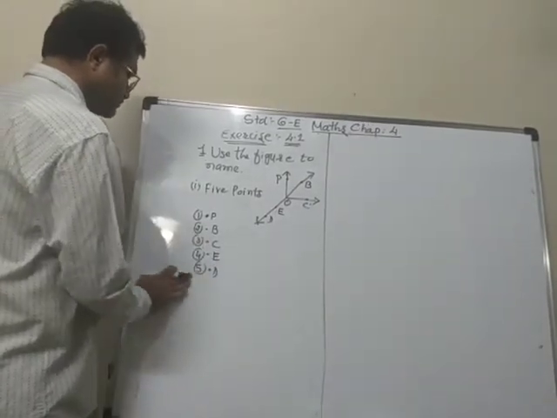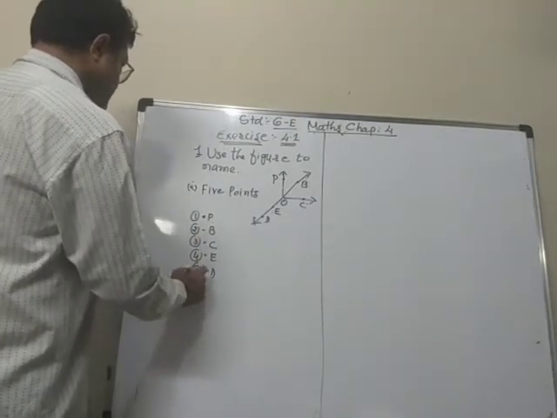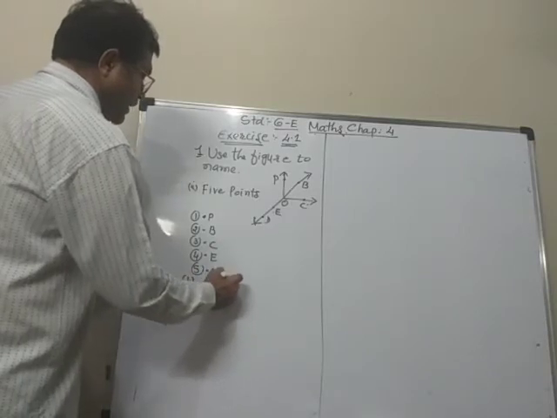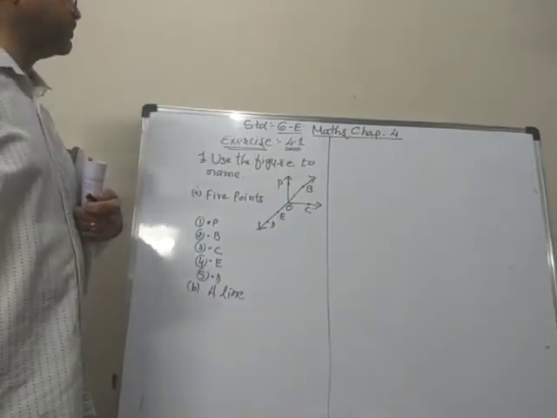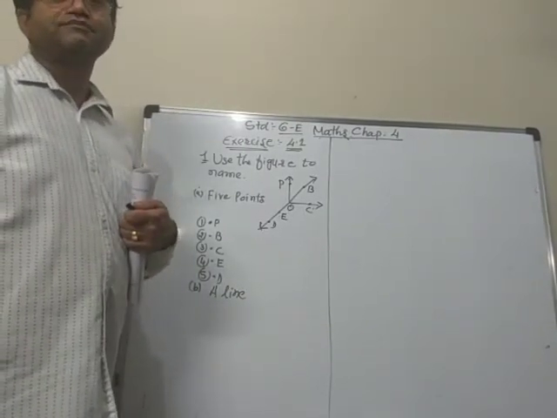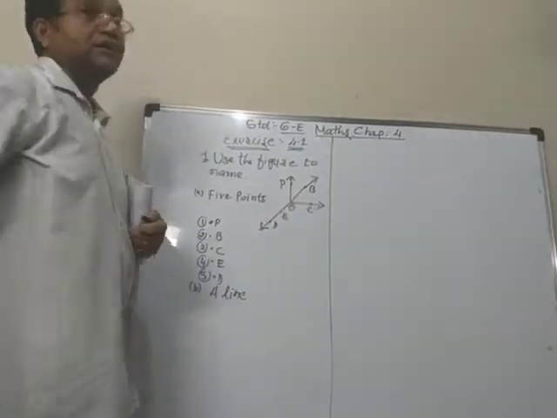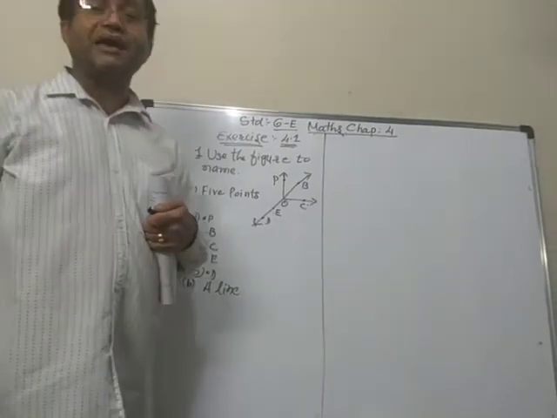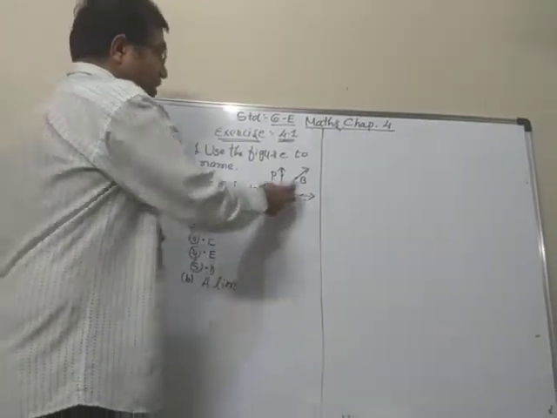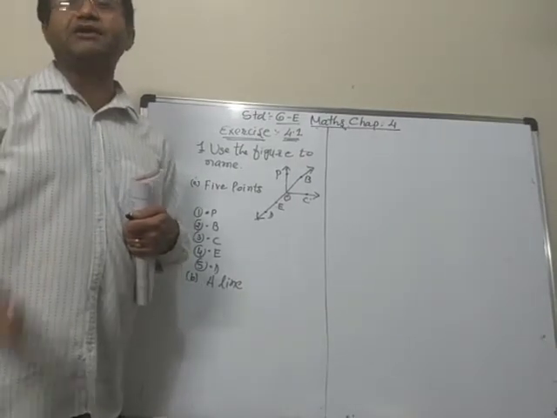Then the second one, B. It asks us to write down a line. Now observe this figure. You can have only one line here, and that line goes straight from here to here, because a line goes in both directions endlessly. Now a line can be given names from any 2 points on it.